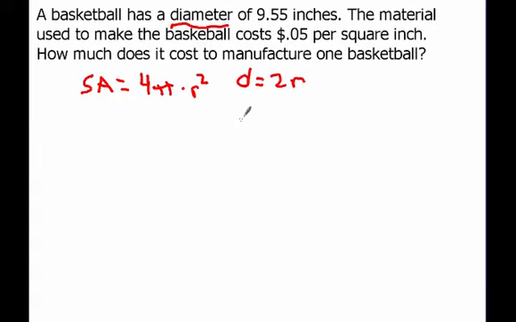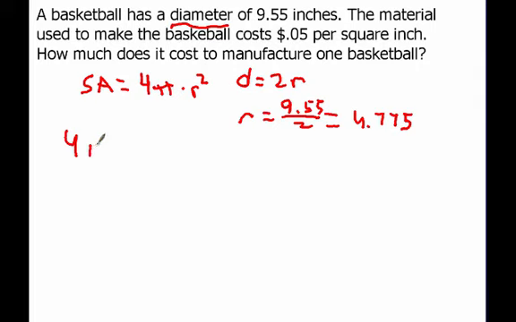So to figure out what r is, we're simply going to take 9.55 and divide it by 2, which gets us 4.775. So our radius is 4.775 inches.